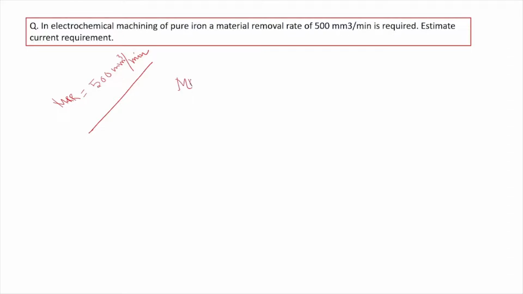From the derivation we have seen, MRR is A into I divided by F into V, and by rho T also you can write.